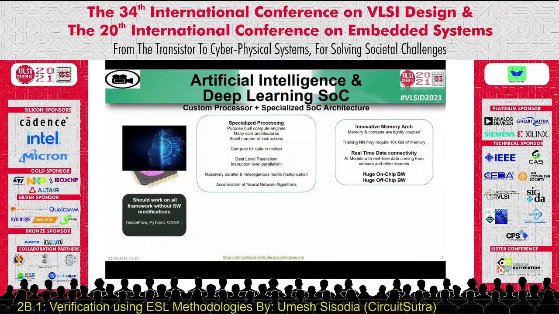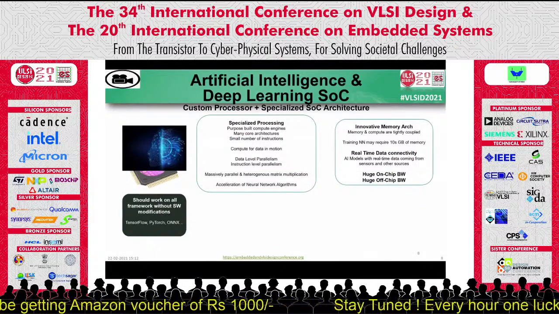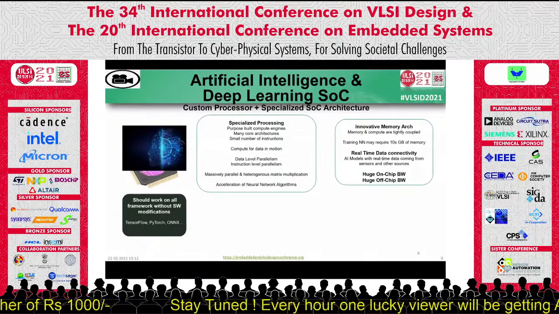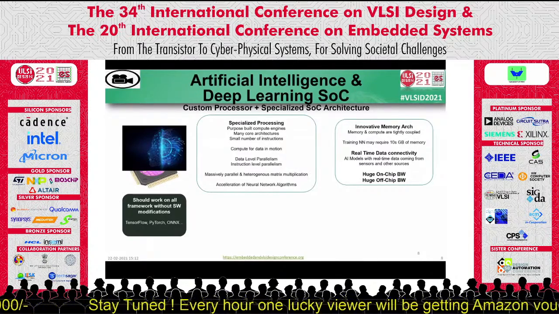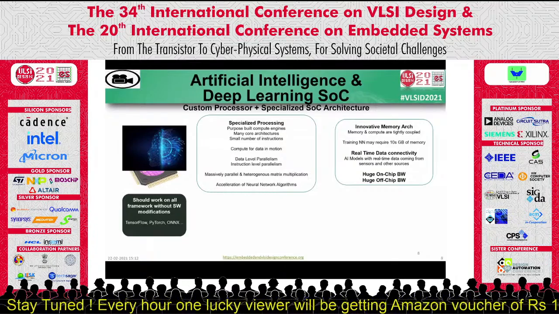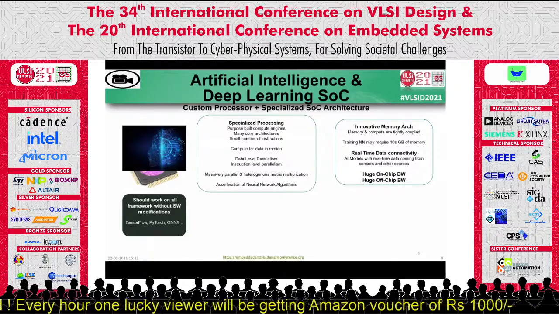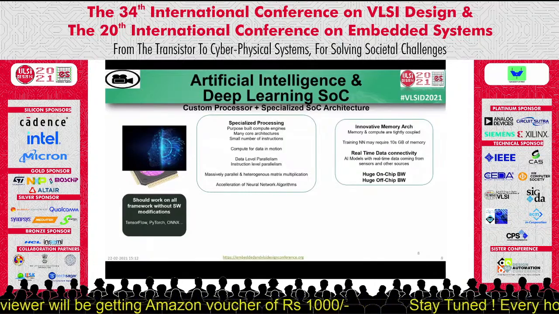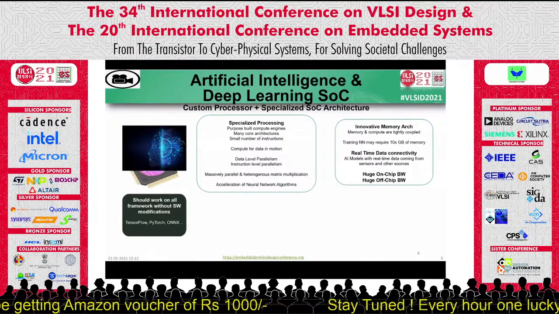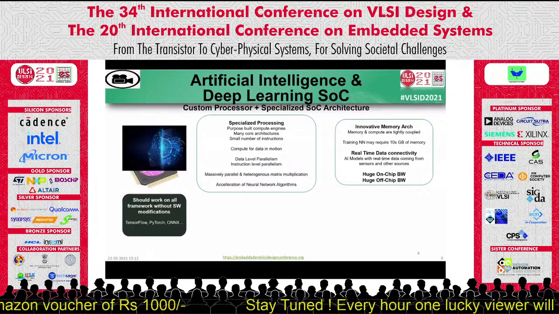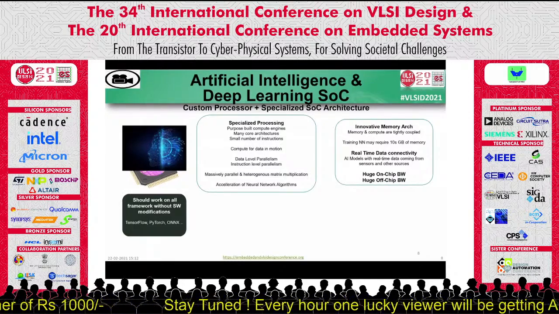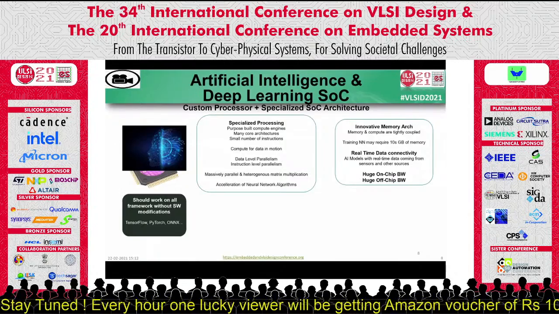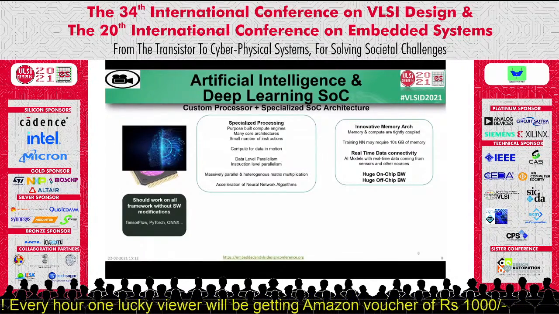So let's talk about the SoC architecture for artificial intelligence and deep learning. These require specialized architectures and very specialized processing. We cannot use generic CPU cores for it. Rather, we require purpose-built compute engines which consist of maybe hundreds or thousands of processor cores, each core supporting a small number of instructions.